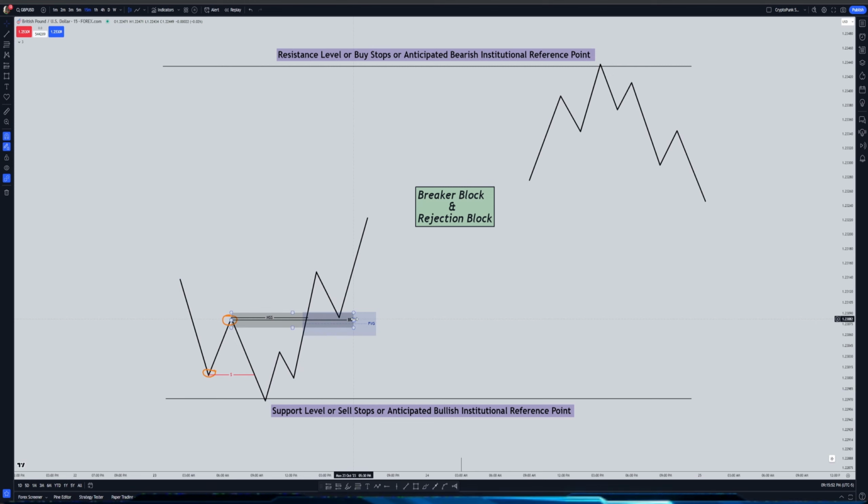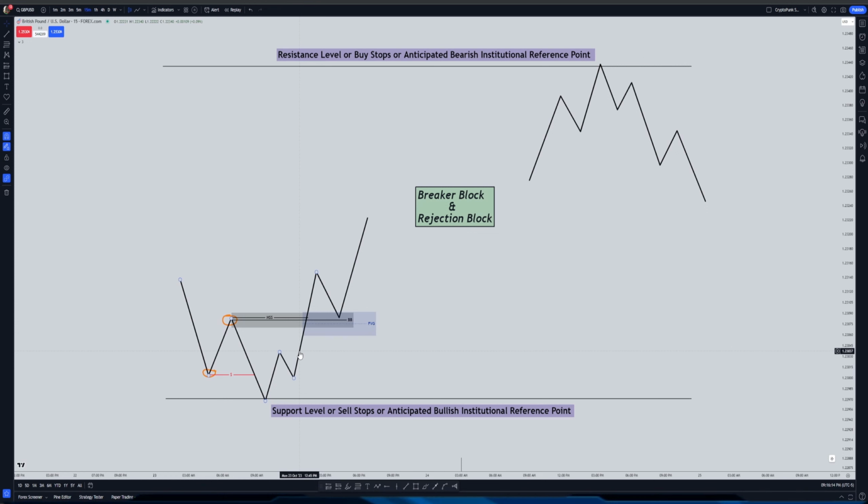So when you have multiple confluences adding up or aligning together, that is where your high probability setup is. Okay, so that's why I'm saying if there is a fair value gap aligning with your breaker block, that is a high probability.